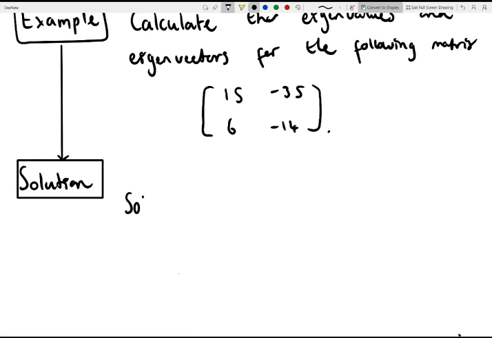is to solve the characteristic polynomial, so the determinant of A, let's call this matrix A, minus lambda times I is equal to 0.